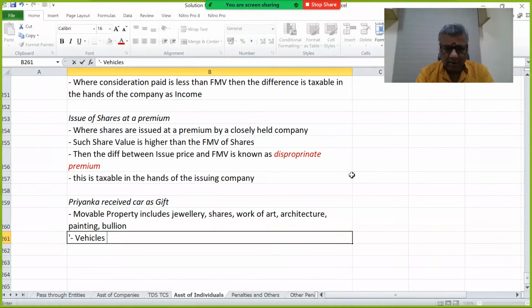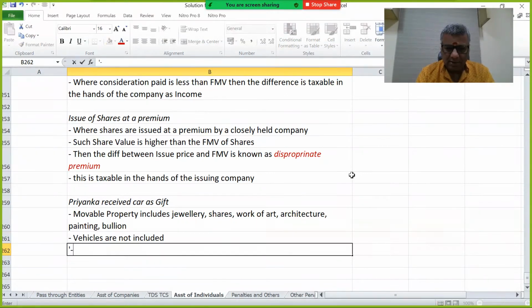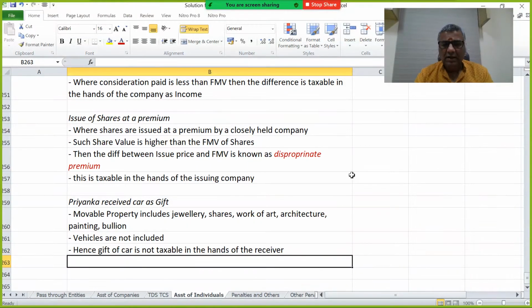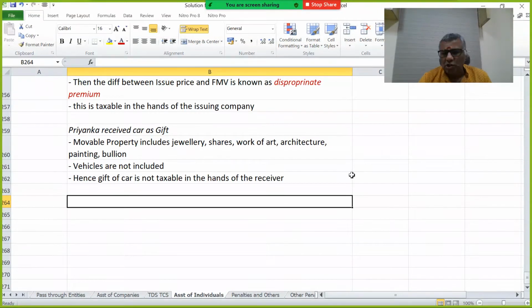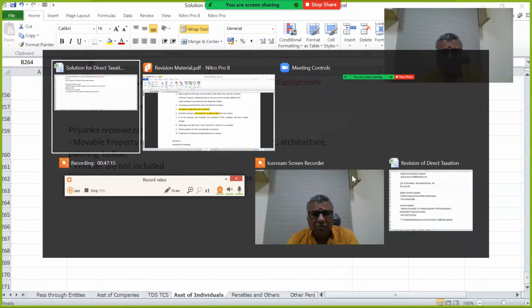Vehicles are not included, hence gift of car is not taxable in the hands of the receiver. Even if you receive a vehicle as gift, it is not taxable because it is not a specified asset.